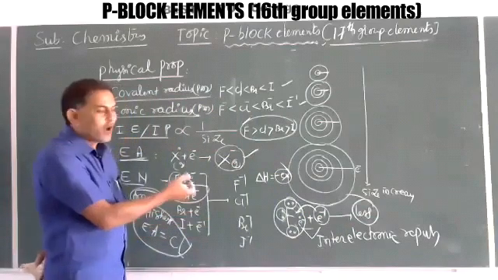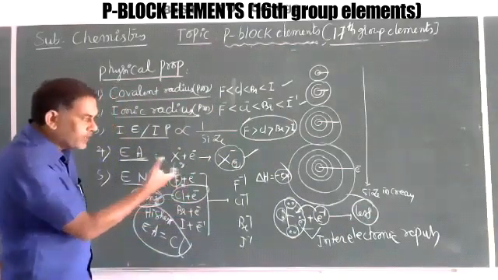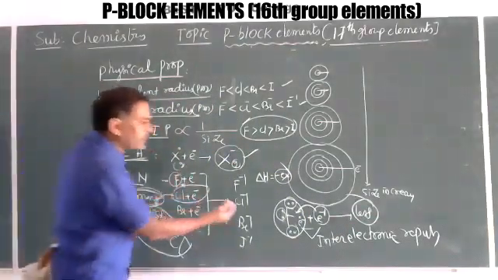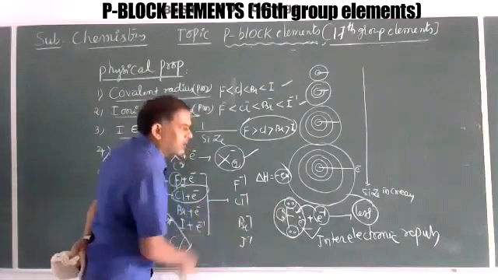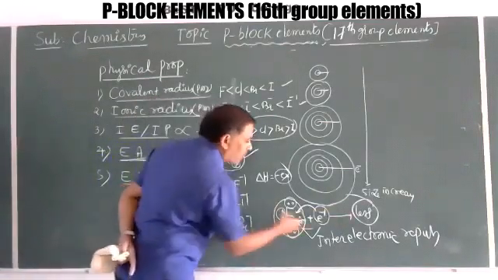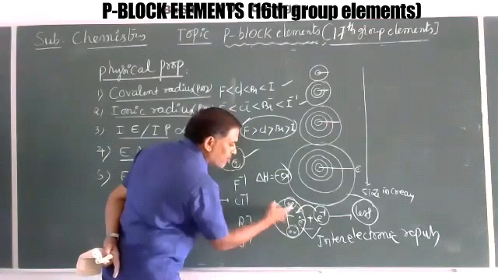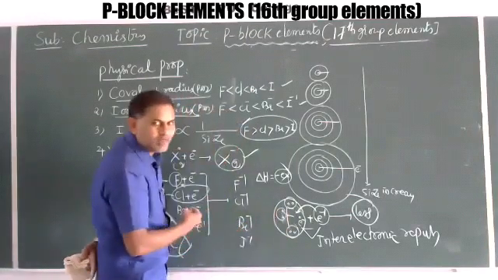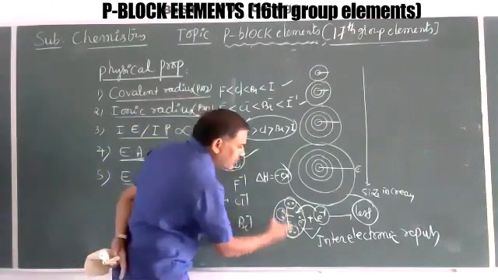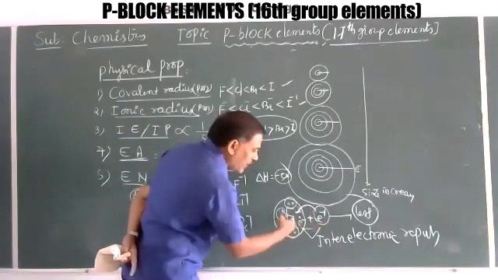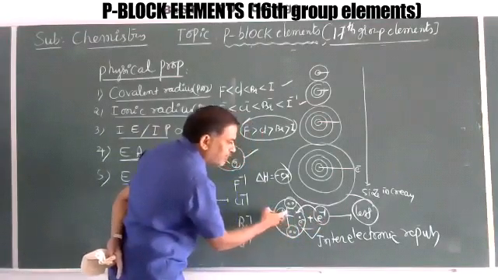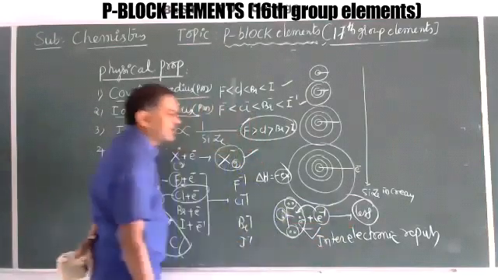Even though fluorine is small in size and has a more attractive nature, in the atomic state it cannot accept electrons easily because of its small size and the presence of more electrons. Due to these inter-electronic repulsions, while adding one electron to the neutral isolated gaseous atom, less energy is released.